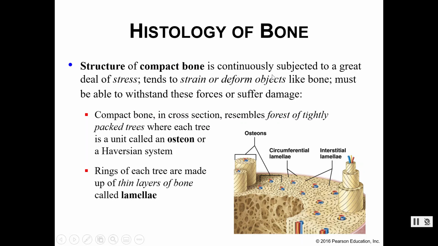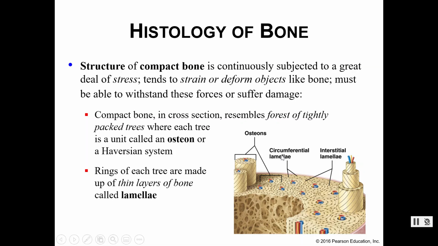You must be able to withstand all these forces, preferably without permanently damaging or even breaking your bones. That would be bad, right? So your bone, your compact bone specifically, is built in a certain manner to help resist all of that stress, so we don't just break our bones all the time.